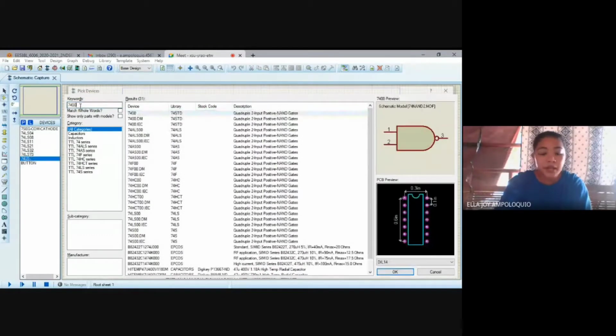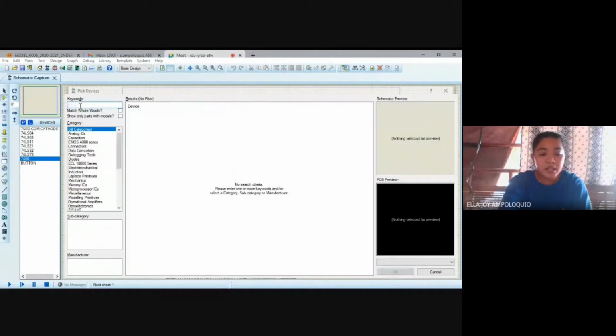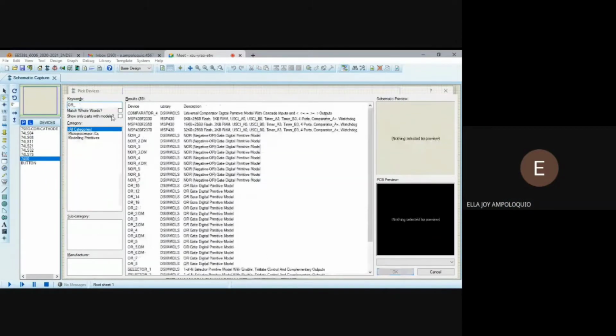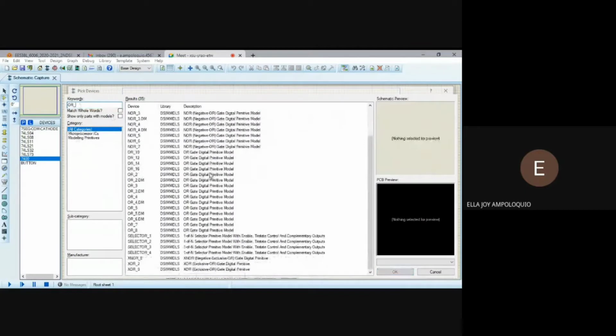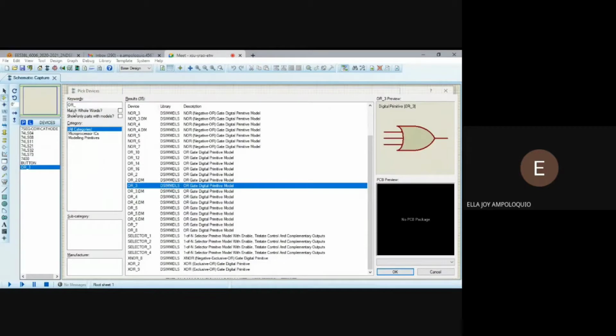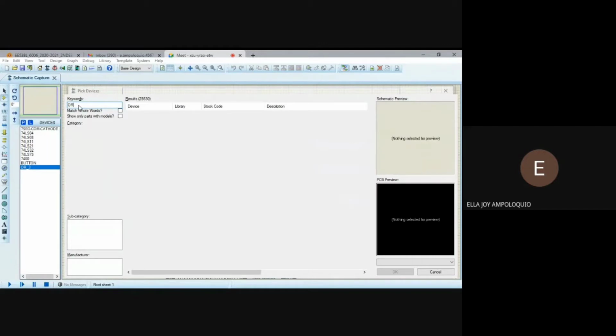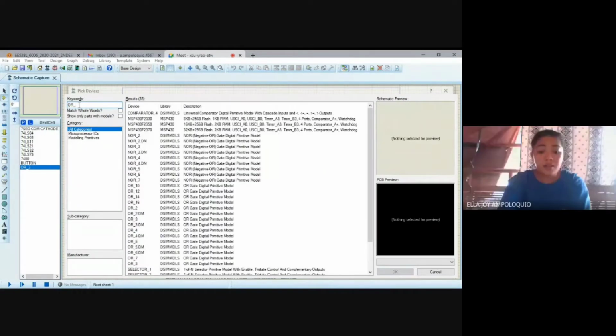Then I will also use the OR gate with 3 inputs so that it's easy for me to connect and use fewer wires, and also so that the gates that I will be using will be lessened.